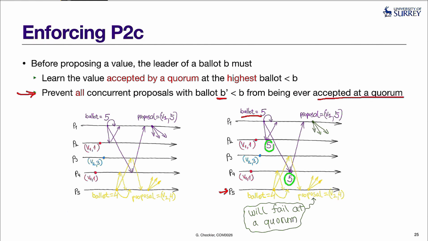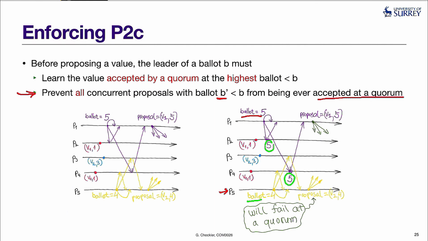They would refuse to talk to any leader of any ballot which is lower than the highest ballot in which they ever participated. So when we have these two concurrent ballots, ballot 4 and ballot 5, proceeding in parallel, what will happen?